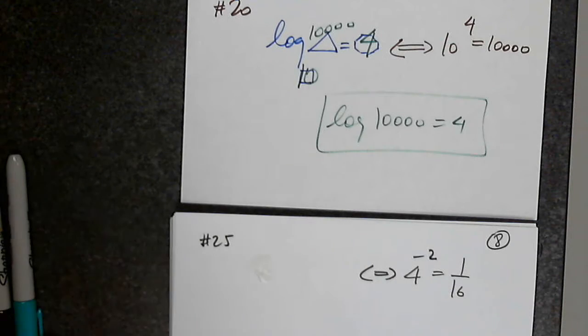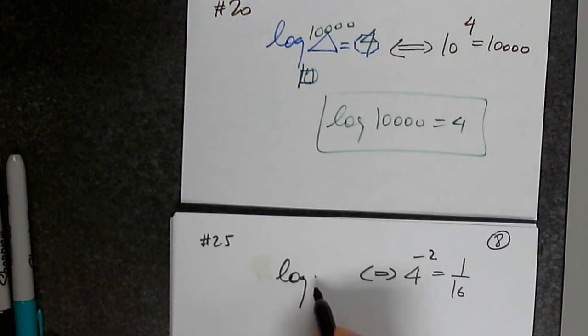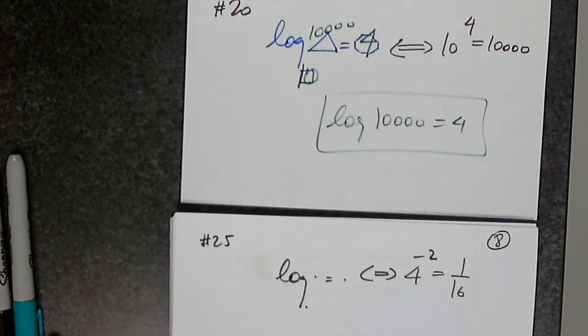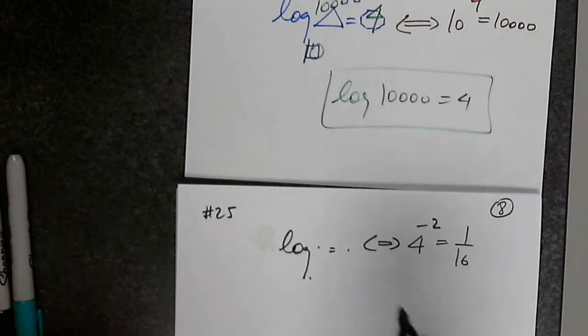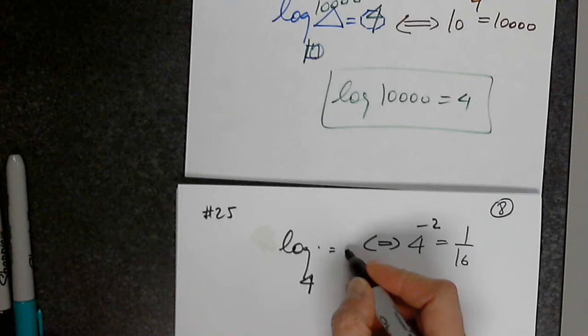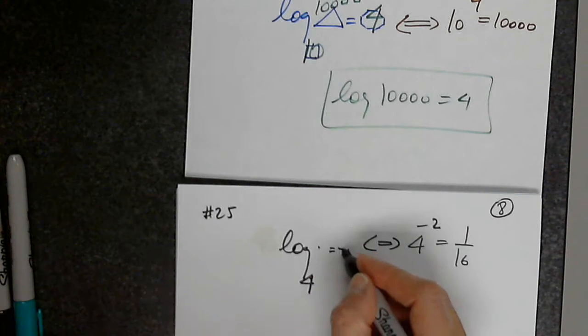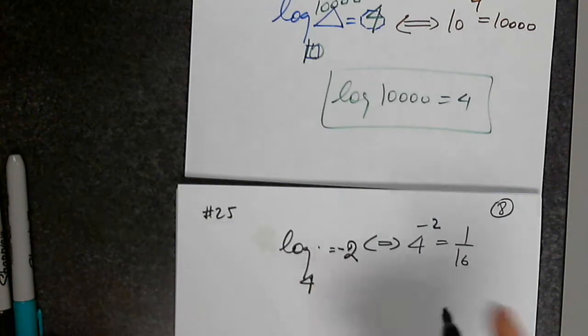The equal symbol. So I have log, something here, the equal symbol, and something here. Always start in the same order. Always start with the base. Right? Of course, there is nothing else. That's it.